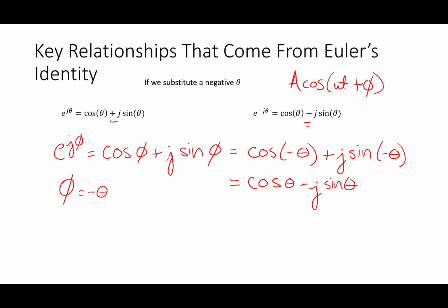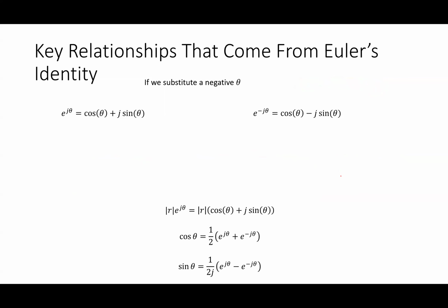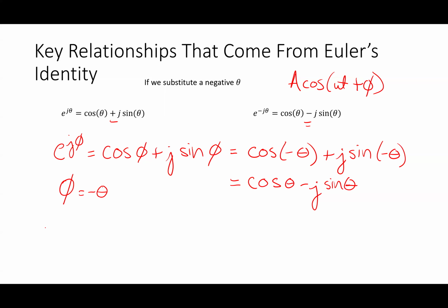All right. So I basically use those two results here for a second, right? And what I'm going to do is say, well, what happens if I took e to the j theta and I added to it e to the negative j theta, like that? Why would I do that? I don't know, because I wanted to. So what does that become? Well, I can substitute these things in here.